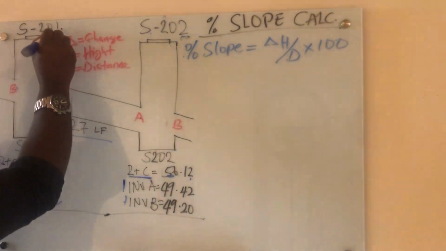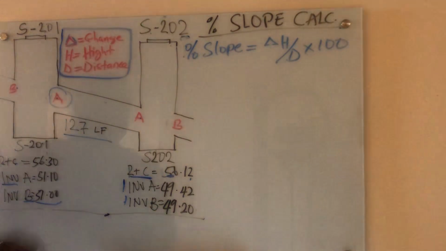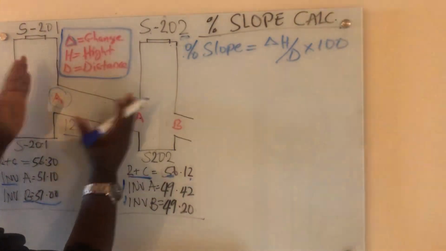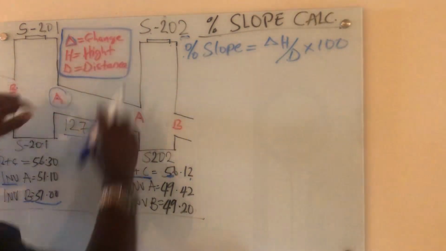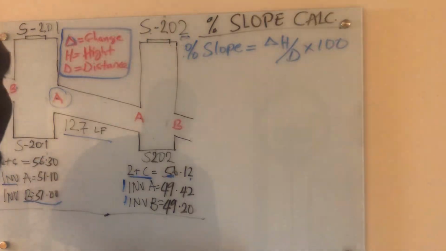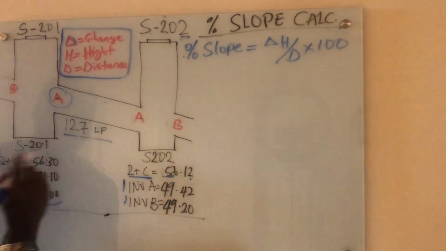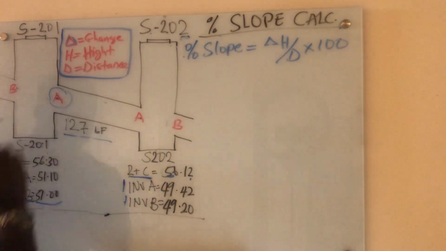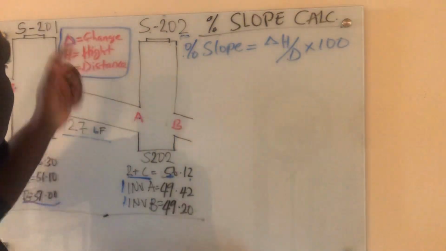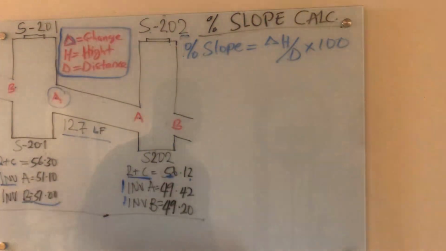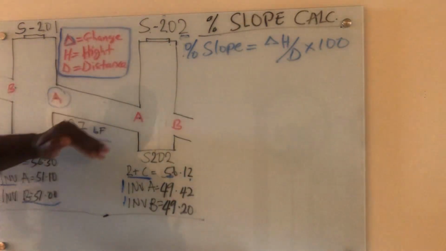Looking at the legend I have here, the delta is the change in the slope, and the H is the height for both inverts, right? And then the D simply is the distance, which I have as 127 linear feet for this utility design.